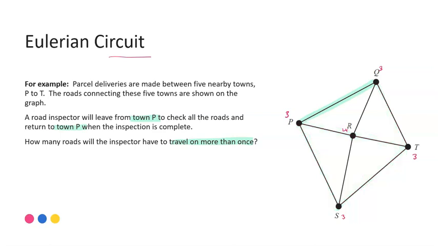So if instead I add additional edges, which will represent the connections that I travel on twice, I will be able to create a scenario where all of the vertices are even, and therefore I know a circuit is available. So if I join P and Q, they then become even.